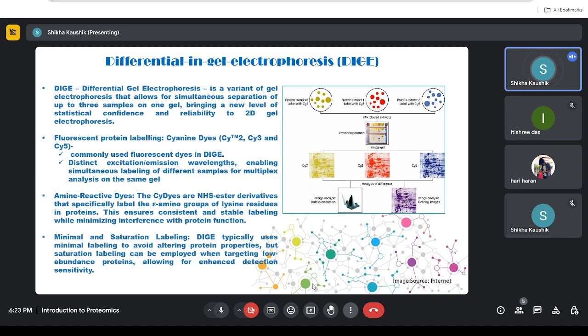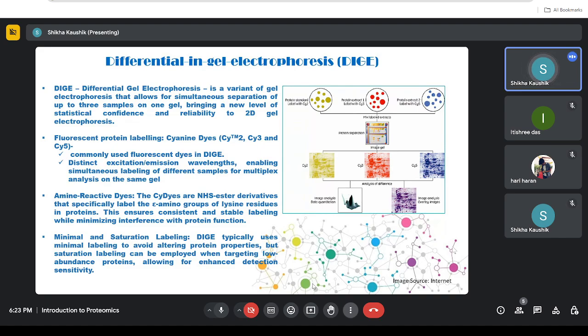When you have a highly abundant protein, or proteins which have high lysine content as compared to a protein that has a low lysine content, in this case definitely the signal will be less for the low lysine containing protein. But here, because it is a particular amino acid based association, you will find a spot.